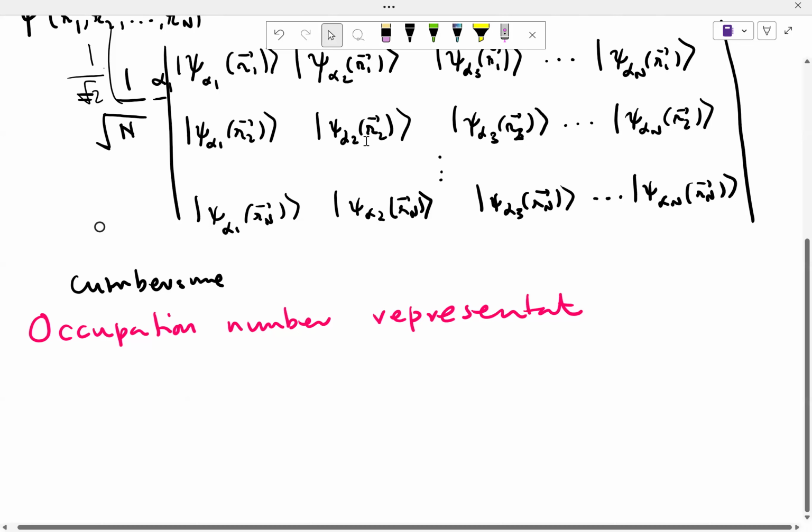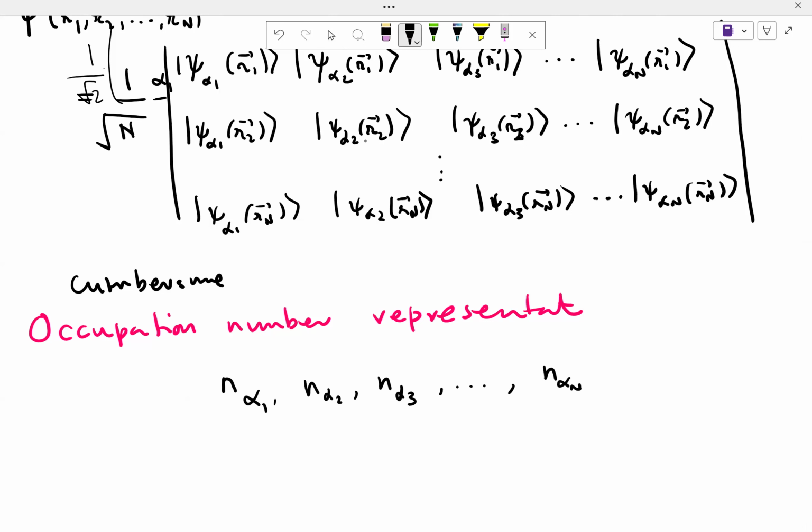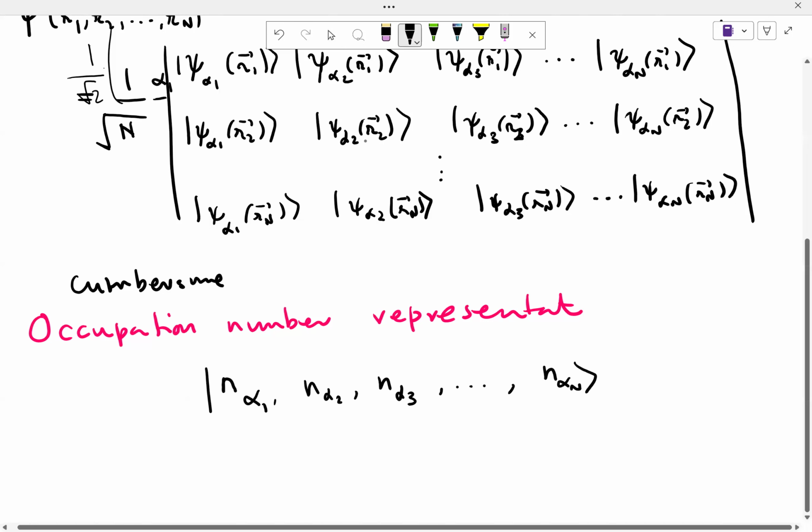We just count the number of particles in each quantum state. If we have a quantum state alpha 1, we count the number of particles in the state alpha 1. Then we count the number of particles in the state alpha 2, alpha 3, and so on, until we have counted the number of particles in all the quantum states, from alpha 1 to alpha n. We put all of this in a ket, and this becomes our n-particle quantum state.